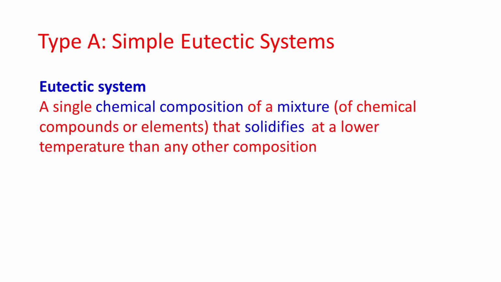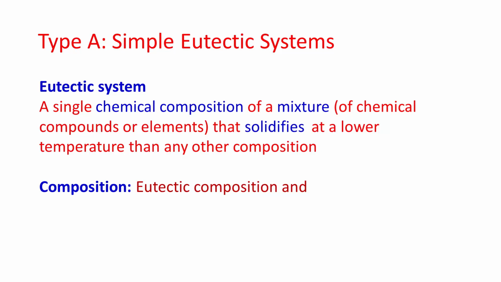Simple eutectic system. A eutectic system is a single chemical composition of a mixture of chemical compounds or elements that solidifies at a lower temperature than any other composition. This composition is termed as eutectic composition and the temperature is termed as eutectic temperature.